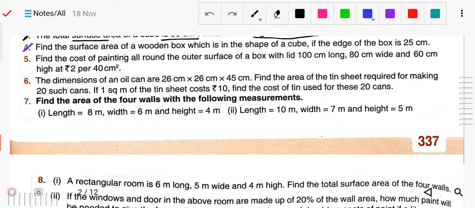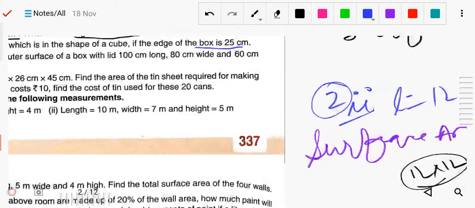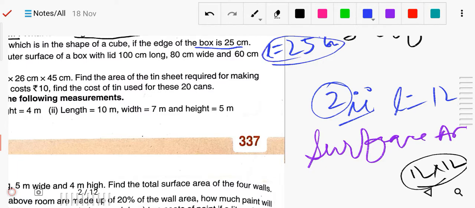Here, question number 4. Find the surface area of a wooden box which is in the shape of a cube if the edge is 25 centimeter. Here L is given as 25 centimeter, and you have to find the total surface area. The formula is 6L square.